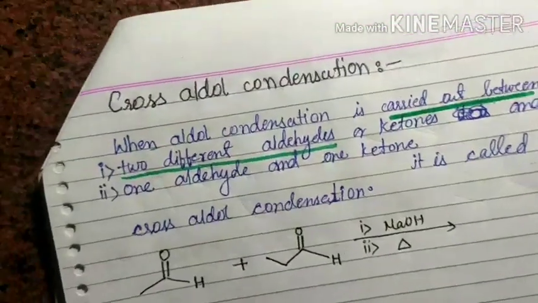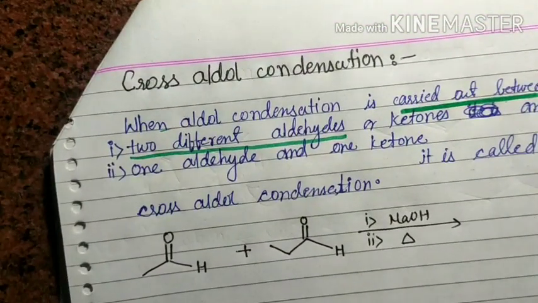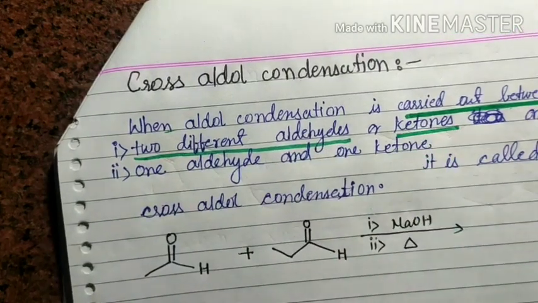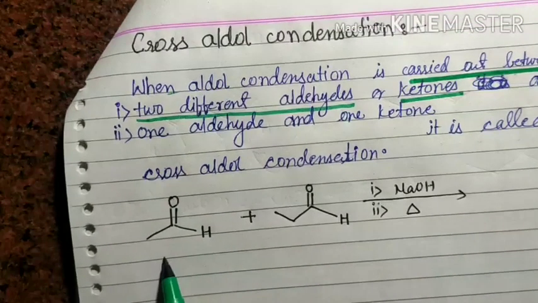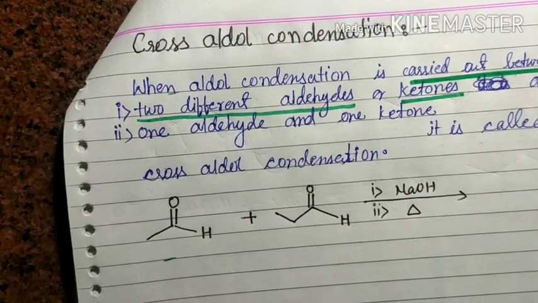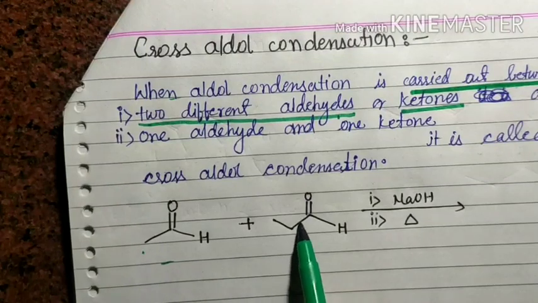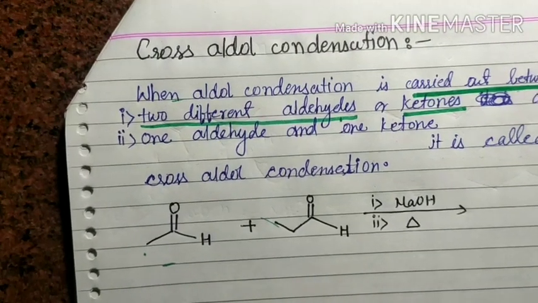That means in the aldol condensation we took similar aldehydes or similar ketones, but here the reaction takes place between two different aldehydes or two different ketones. So I write here two different types of aldehydes, because here is CH3 and here is CH2CH3. So these two are different aldehydes.